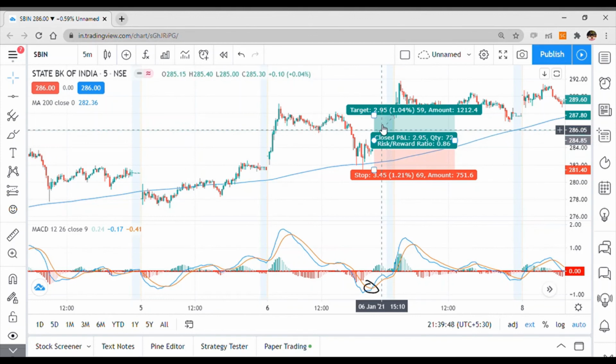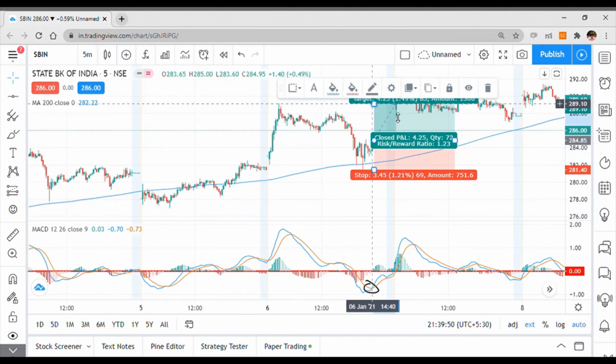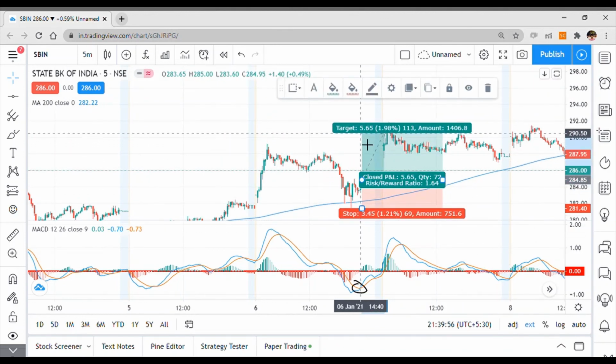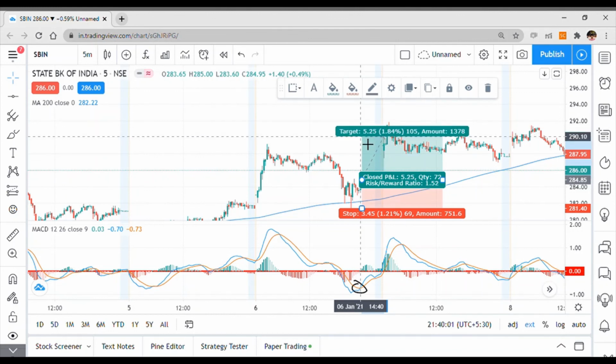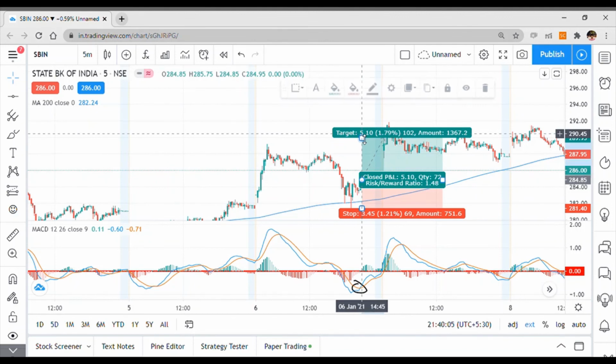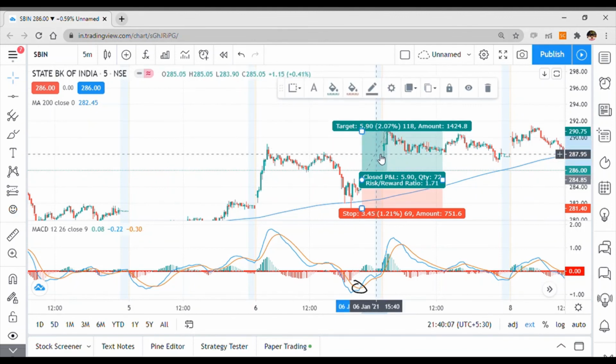My target is 1:1.5, that is here, and it touched my target also. And this one I actually took this trade.